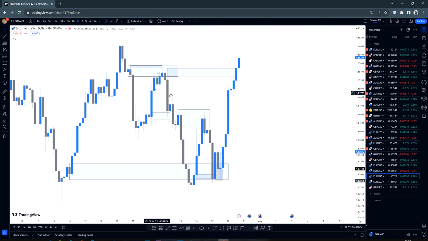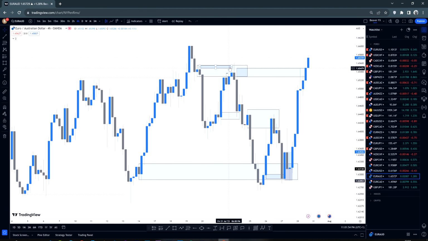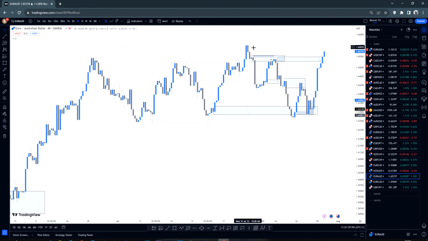So for Euro AUD, this is also super cool. It broke above my zone, but right now we don't know if this is going to hold or not. But look down here, when it comes to the body of the candle, there was a break, but the wick, no, there wasn't a break.